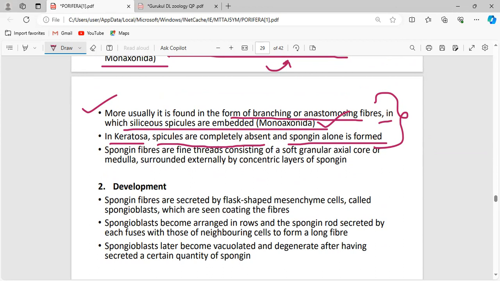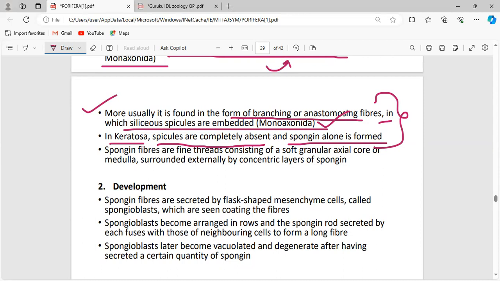In some of the poriferans placed under the Desmospongiae, the skeletal system has both spicules and spongin fibers. But it is not necessary that both spicules and spongin are present in the skeletal system of sponges. You have to understand whether spicule is present alone or only spongin fibers are present.